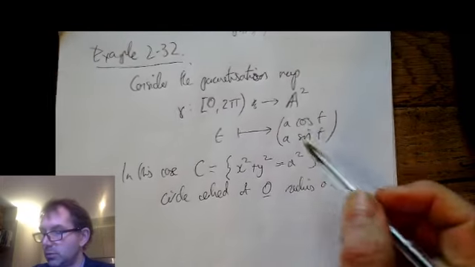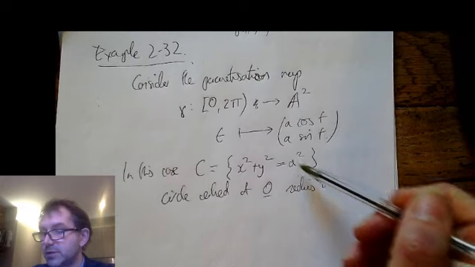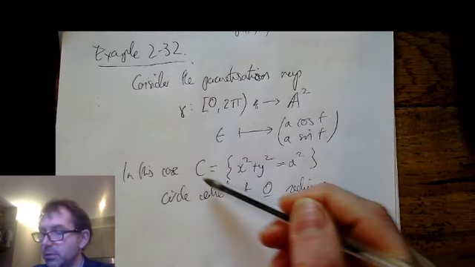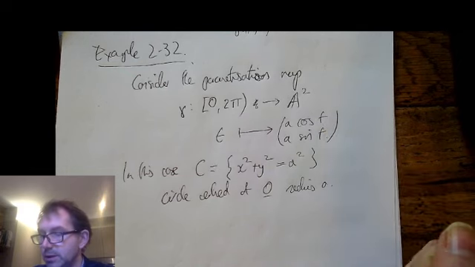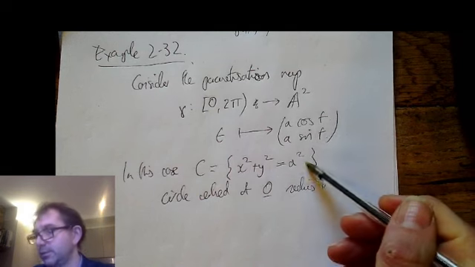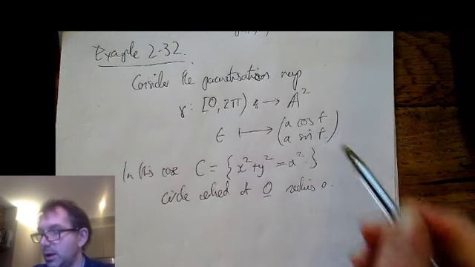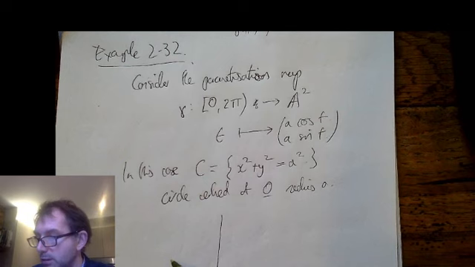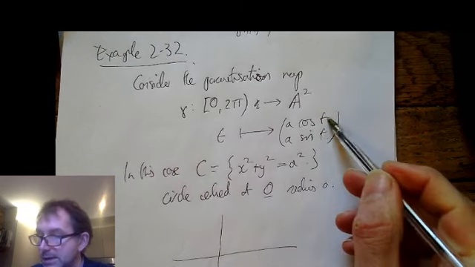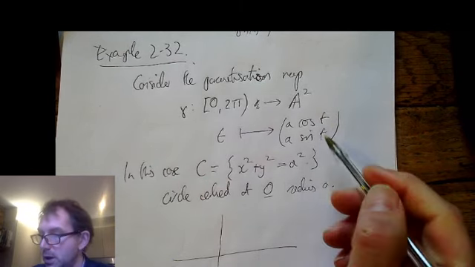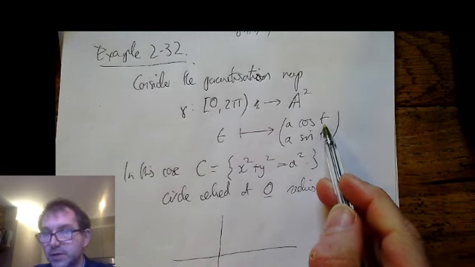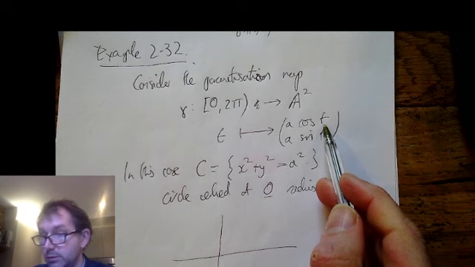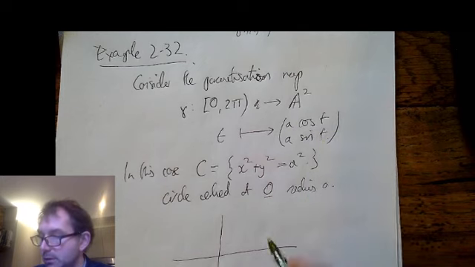Now, what I've actually proved is that we get some subset of this, because I've said that the coordinates here always satisfy this equation, which is called an implicit equation of the curve. But let's just see that we do get the whole circle. If I let t be equal to 0, I do get the point a, because cos of t when t is 0 is 1, so I get (a, 0).